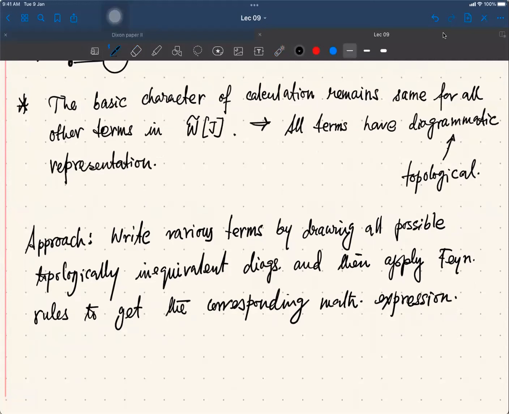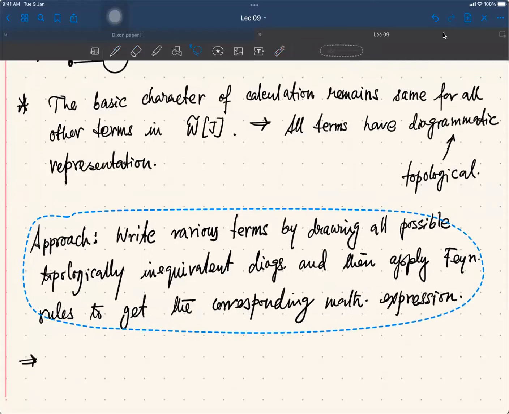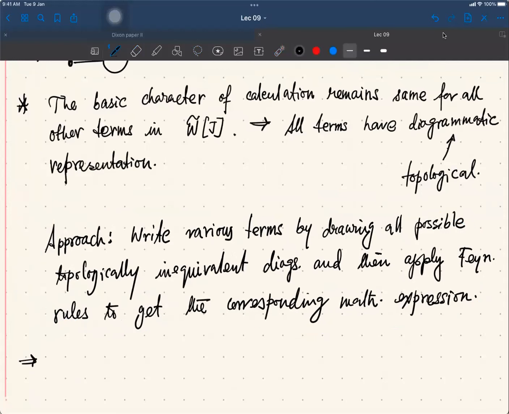So this means we need to classify terms so that the topologies of the diagrams can be classified. This requires us to understand the topological classifications of the diagrams, and therefore we should classify the terms.